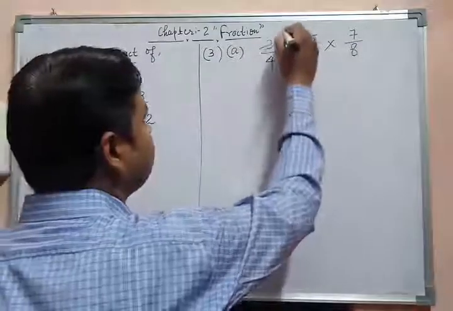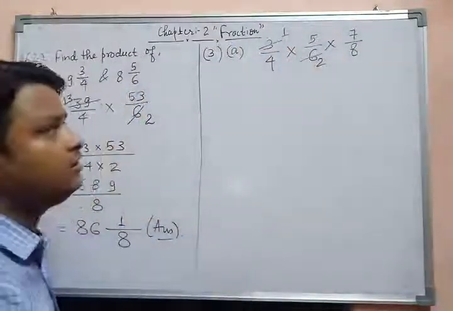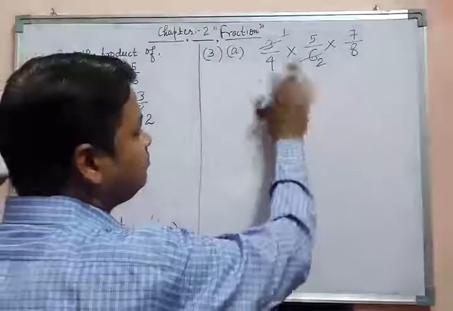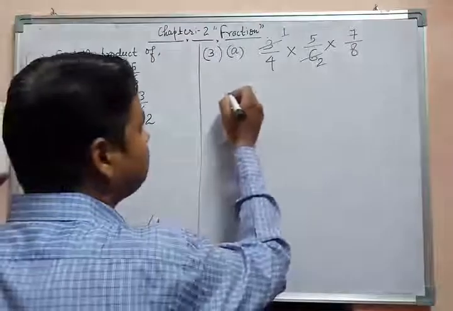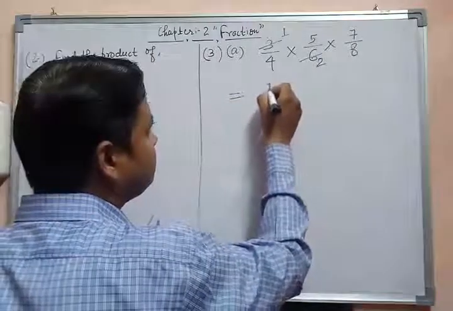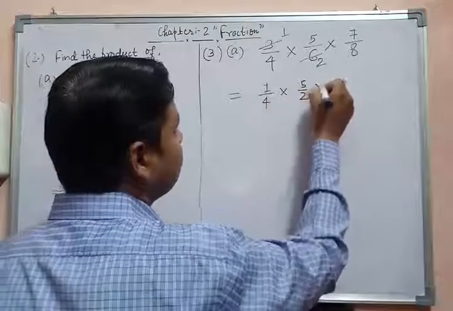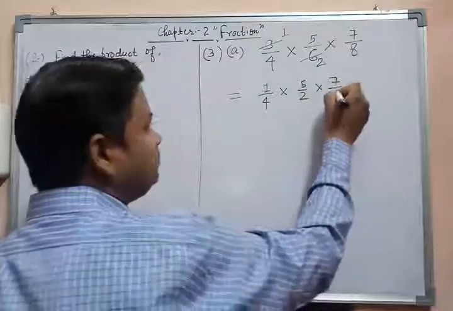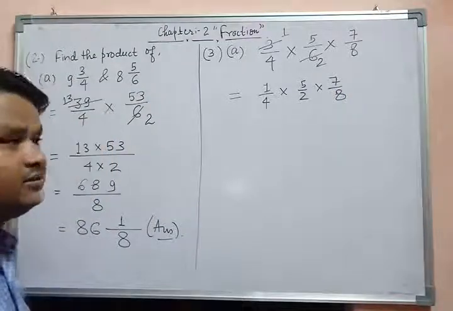Yes, because 3 ones are 3 and 3 twos are 6. Now no other numerator and denominator cancel each other, so you can write 1 upon 4, 5 upon 2 and 7 upon 8.